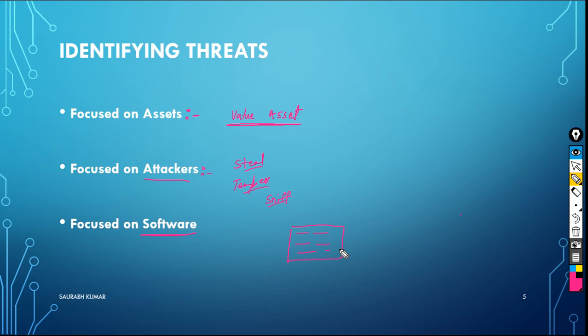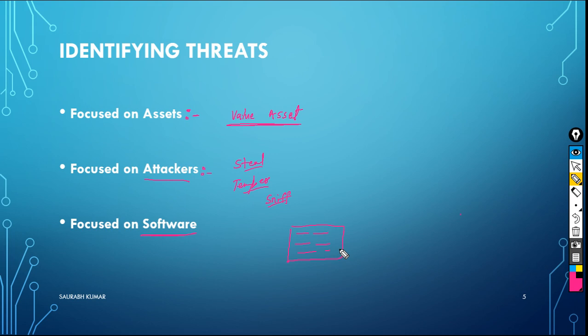But those attractive additions may also lead to some kind of threats. So by focusing on software, we can identify different kinds of threats, and after identifying them we can look for the solution as well.